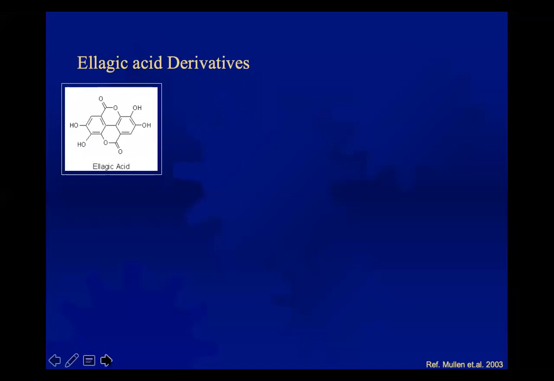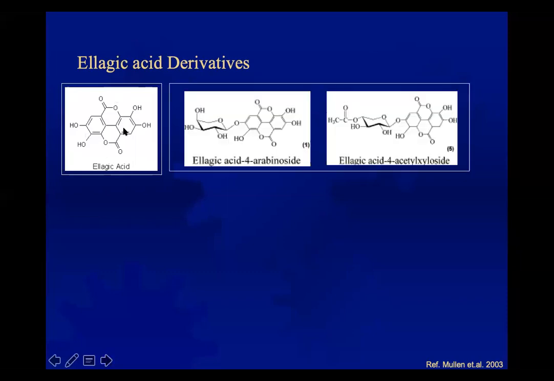This is why it is a powerful antioxidant and present in our tea. Green tea also contains ellagic acid, catechin, and others. Ellagic acid 4-arabinoside means one hydroxyl group of ellagic acid can be substituted by an arabinose. That means a sugar moiety can be easily connected to ellagic acid.